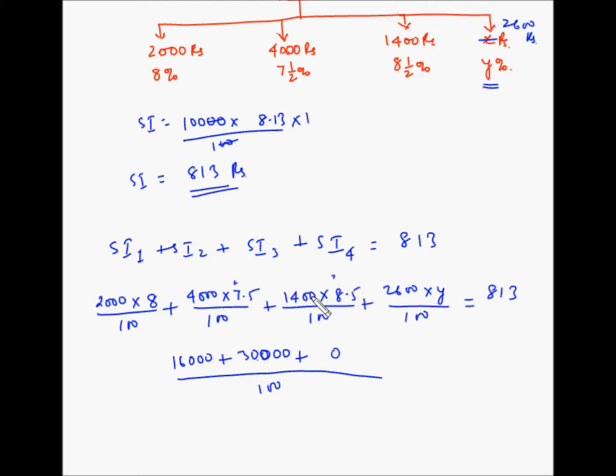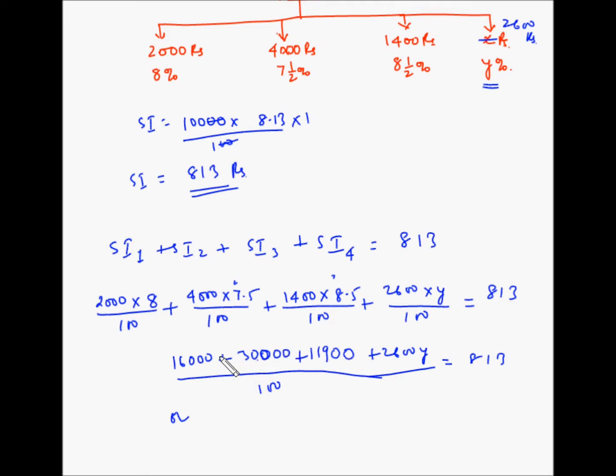Plus 14 multiplied by 8.5, so 14 multiplied by 5 is 70, so we'll put 0, 7 carry over, 14 8s are 112, plus 7, which is 119, so this becomes 119. Now there's one decimal point here, but there are 2 zeros, so let's take this as the first 0 and the second 0, plus 2600y is equal to 813. So let's add these three numbers.